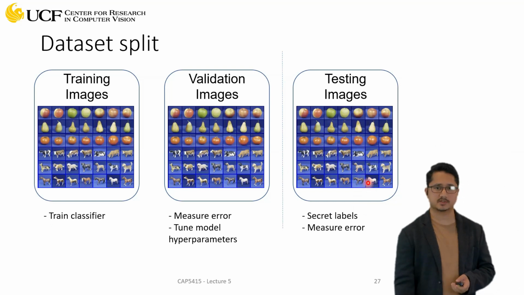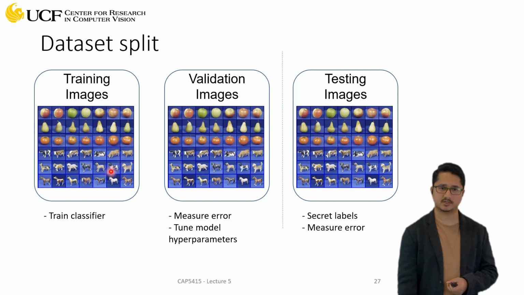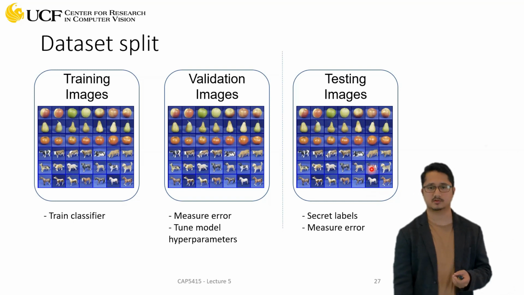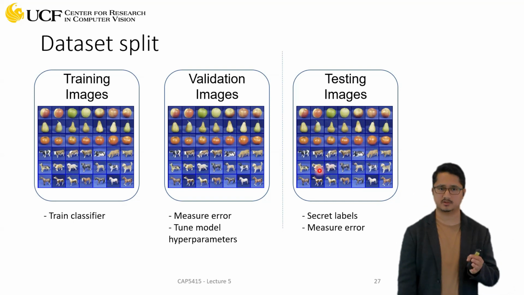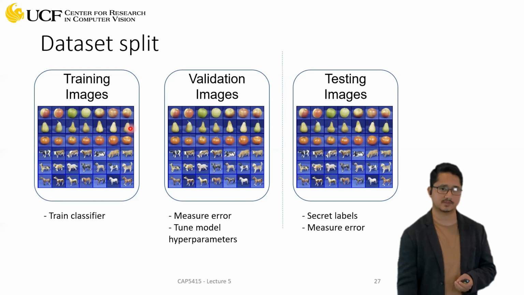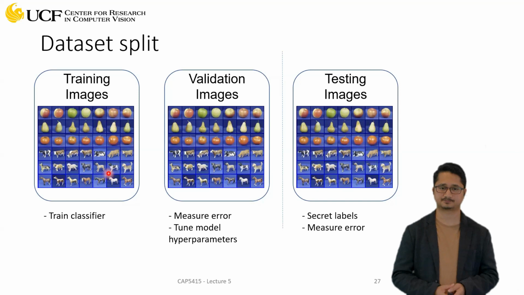Ideally, if all the data is 100%, you may want to split maybe 60% of the data for training, 20% for validation, and 20% of images for testing. That's just one way to distribute, but you can have variation. Ideally, you want to keep a lot of samples for training. All right.